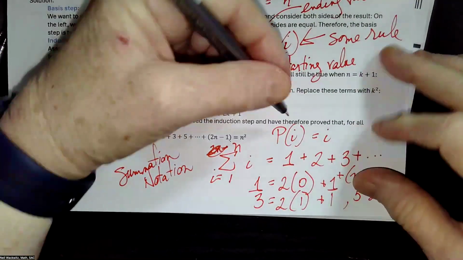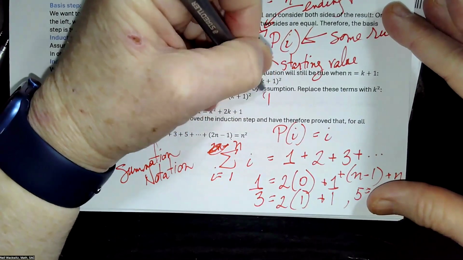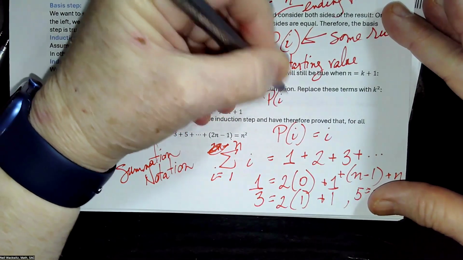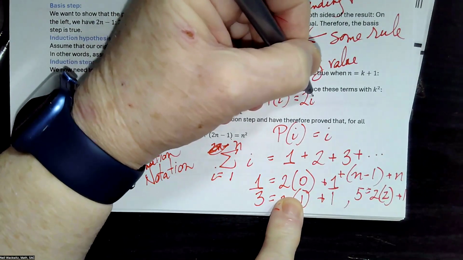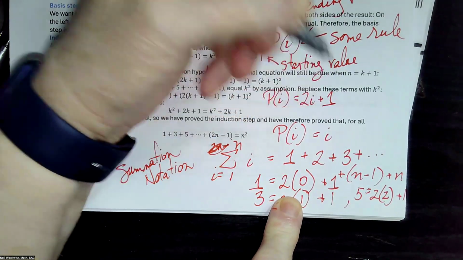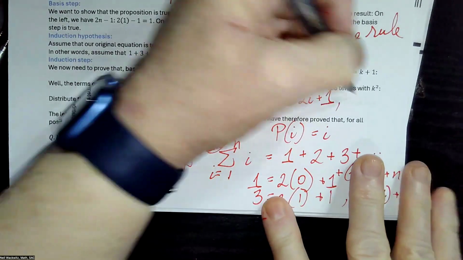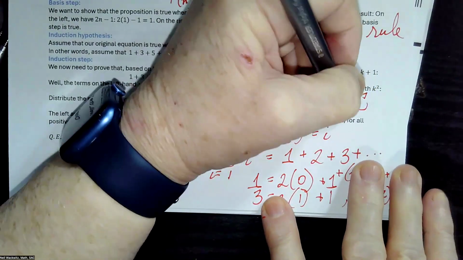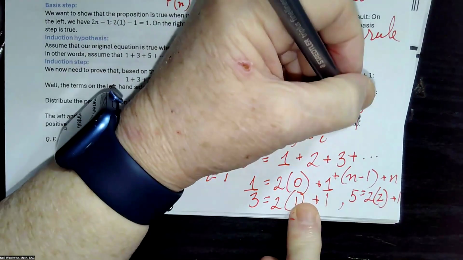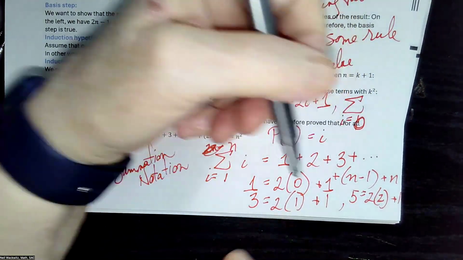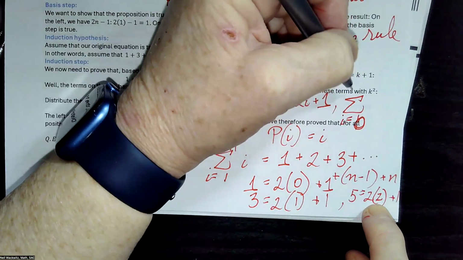So we are looking at a rule that looks like 2i plus 1. We're starting at i equals 0, and we're going until i equals n.